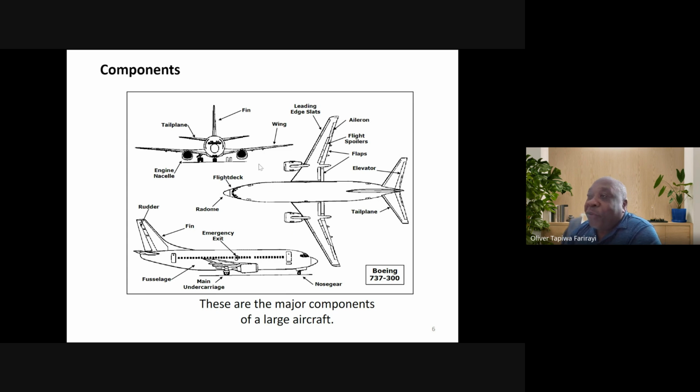So with four engines, and except for the DC-10 and MD-11, which had three, one, two, then a third one at the back here, in most cases, most aircraft had four.